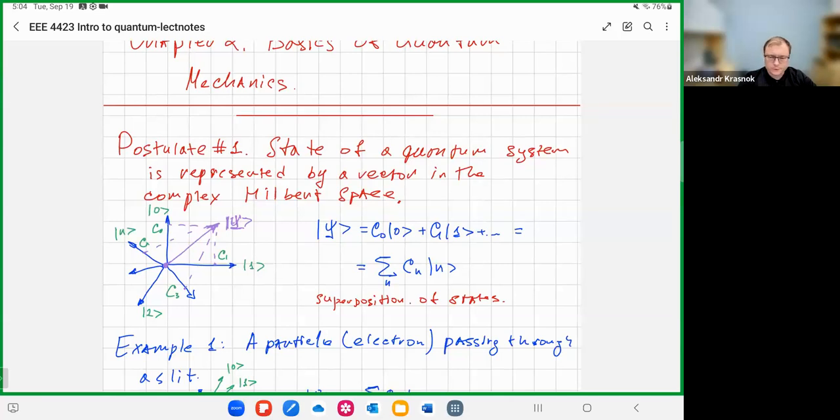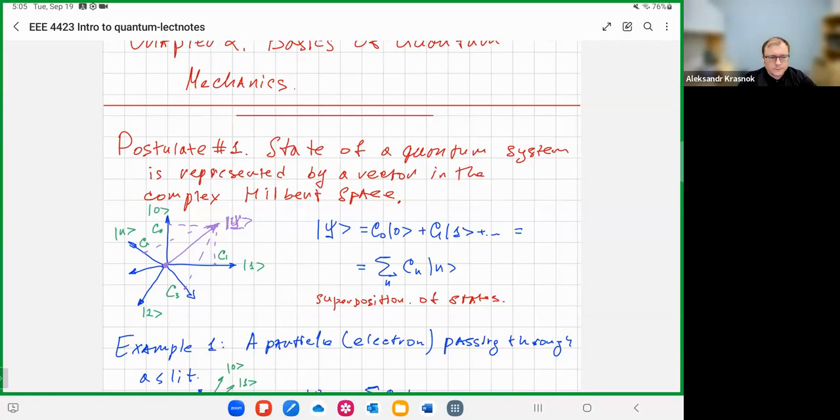To describe a state of a quantum system, we introduce this psi vector, psi state, and to represent this vector, we can introduce a basis of unitary vectors.